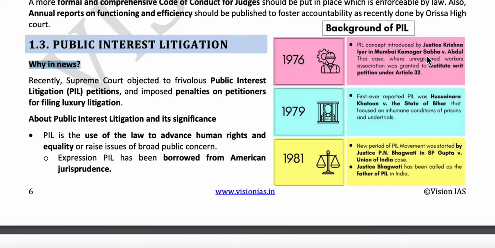As the bonus was not considered for unregistered workers by the company, they filed a petition under Article 32. Here, Article 32 is the right to constitutional remedies.